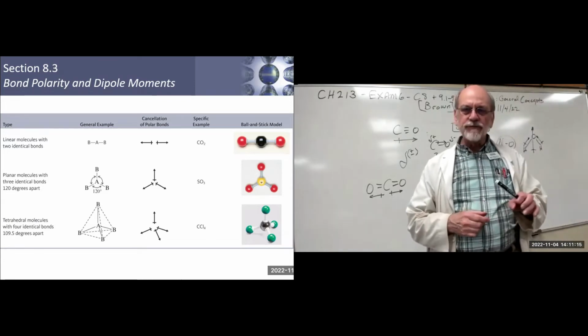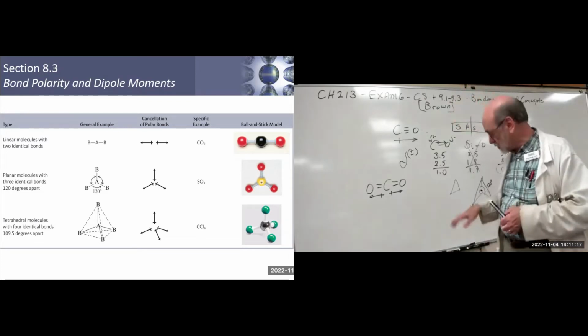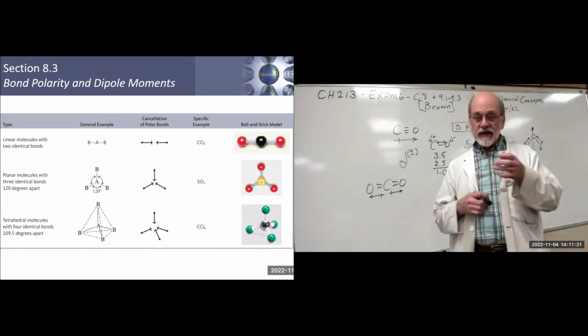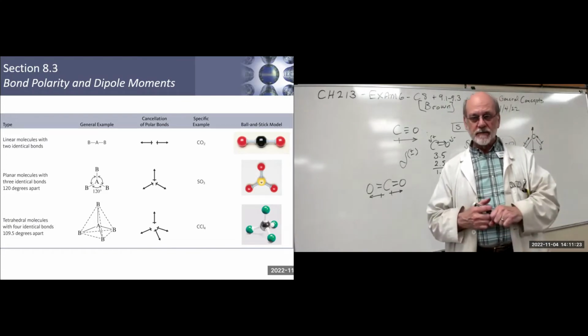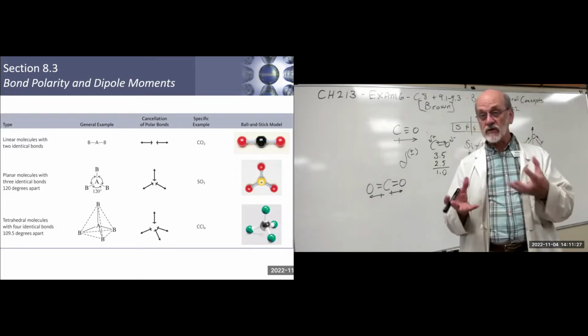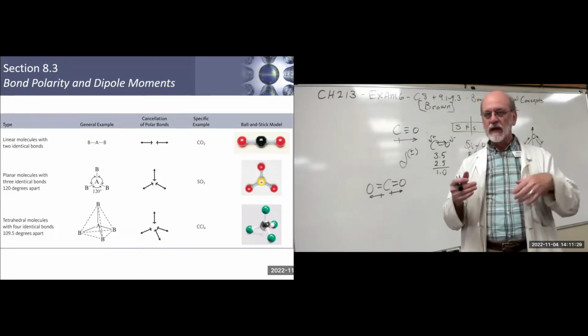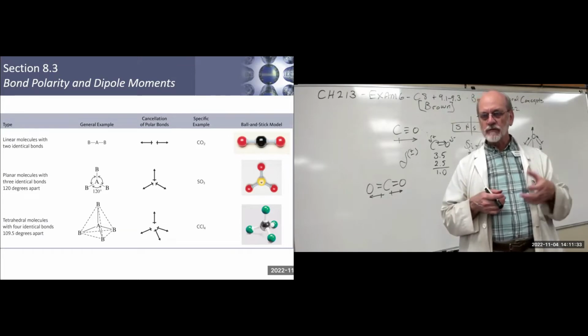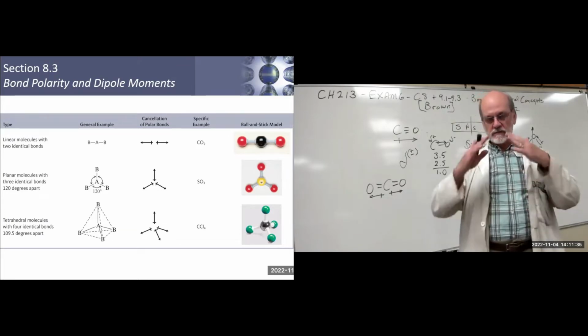The one where you have four atoms bound to a central atom, the regular shape that's invoked there is the tetrahedron. And remember, whenever you have a hedron, that means it's a three-dimensional object. The hedron refers to surfaces.